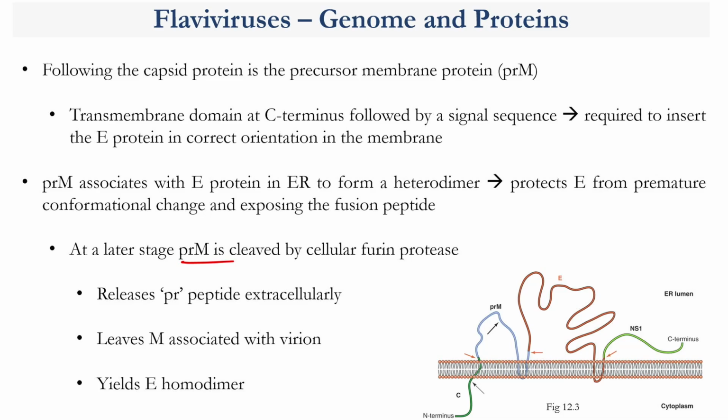It's called the furin protease, and it releases this PR peptide extracellularly. So remember that this is going to be released extracellularly, not in the cell itself. It leaves the M protein associated with the virion and forms another E homodimer. Okay? So this allows for all the proteins to come together and package correctly once it's in the right environment.